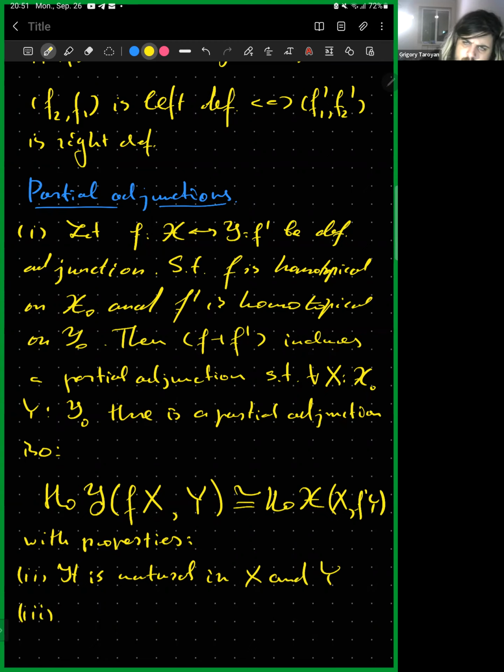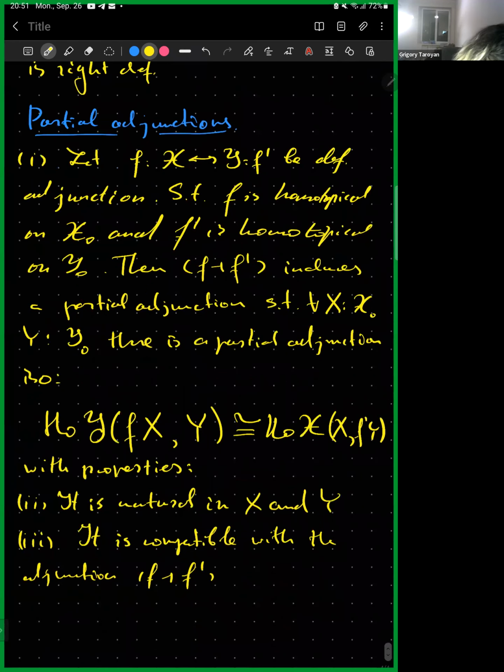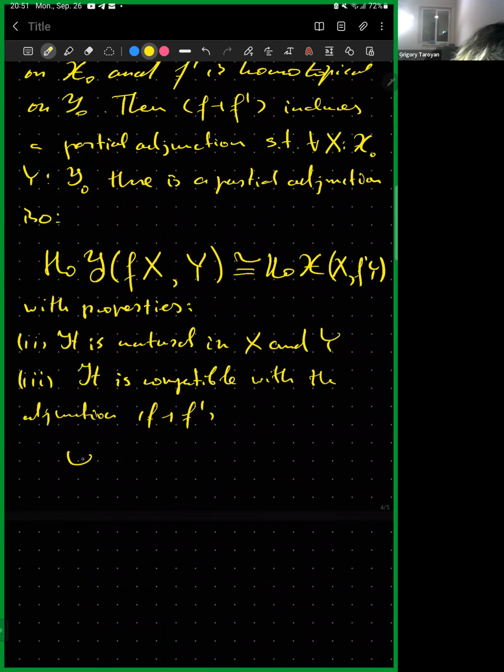Then it is compatible with the adjunction F, F prime, meaning that we have a commutative square where on top we have the non-derived adjunction, and on the bottom we have the derived partial adjunction.